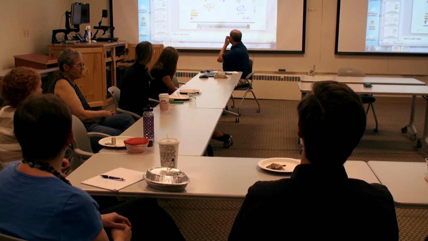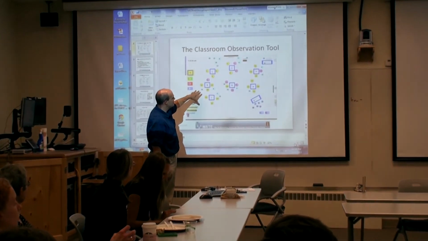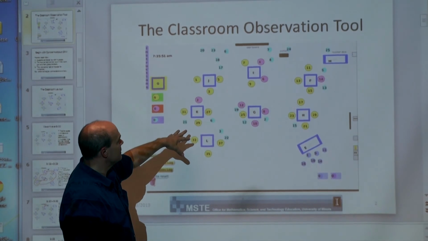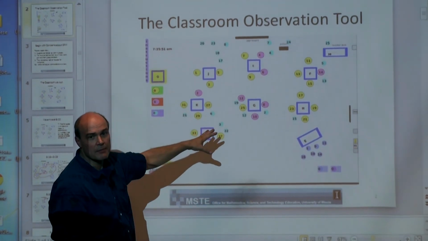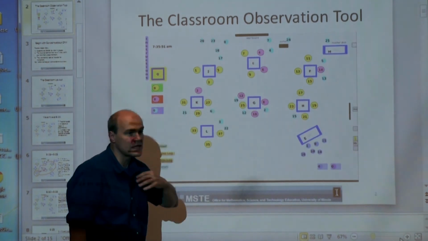Picking up on one thing you said, I would make the case that just this picture provides some useful information to the teacher and to anyone else who might be interested in the class, indicating the amount of motion that's taking place.